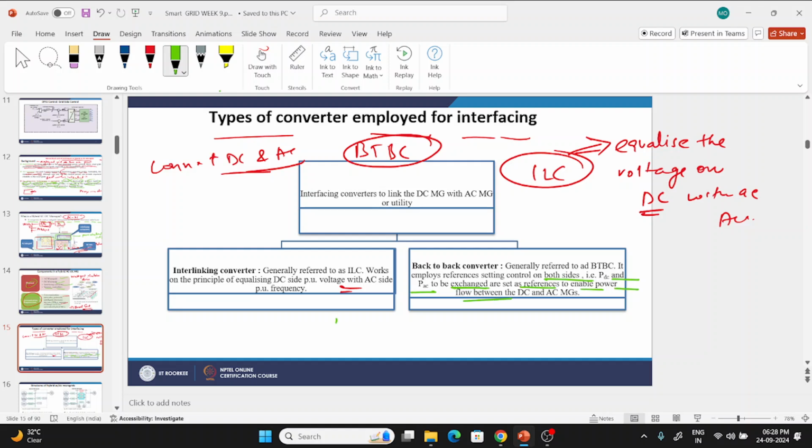Let's say this is the AC and this is the DC microgrid, and the energy movement will be there, so there will be PAC and PDC. Energy flows to the PDC only if PDC is less than PAC. So the AC power flows towards the DC microgrid or vice versa.